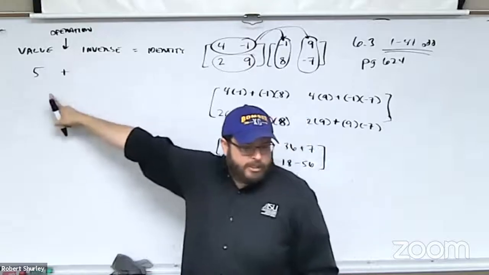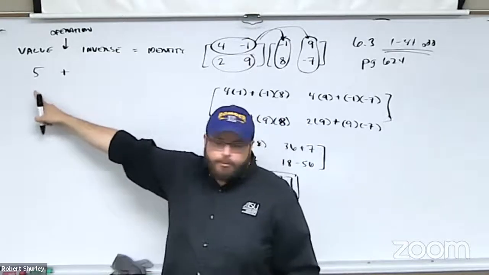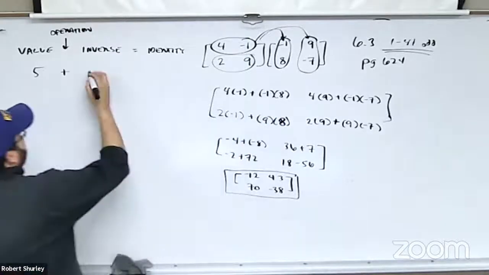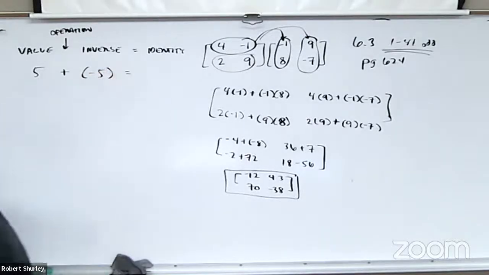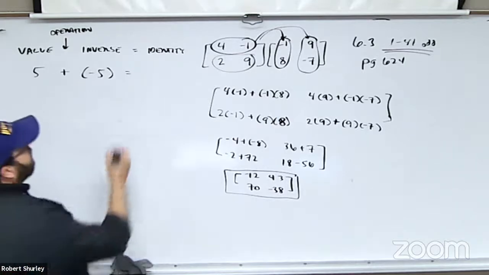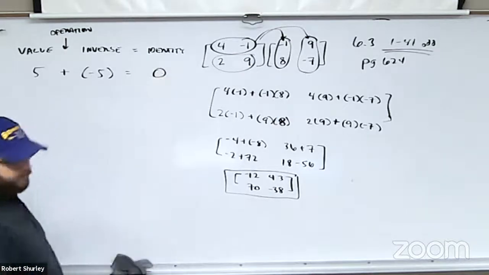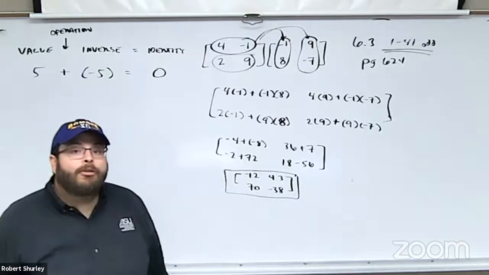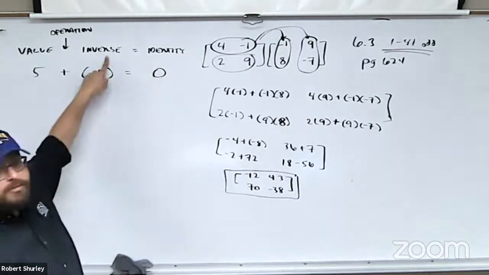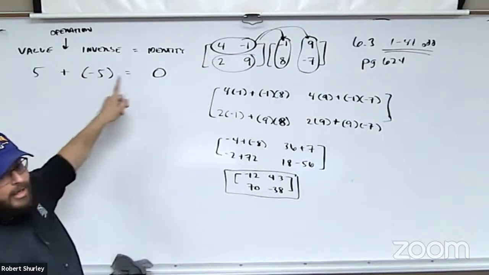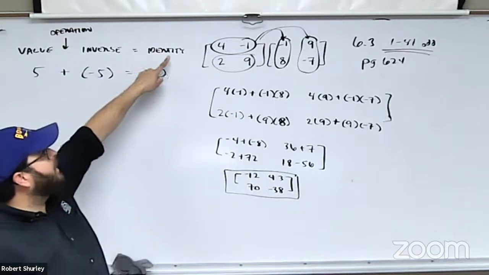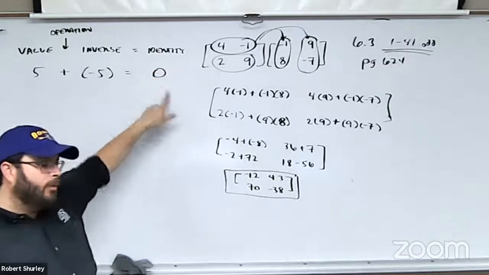Well, the inverse of addition, you just take the number and change the sign. So for this, it's going to be -5, okay? And then 5 plus -5 is just 0. Okay, so for addition, the additive inverse is just the opposite of our number. And the additive identity is just 0.